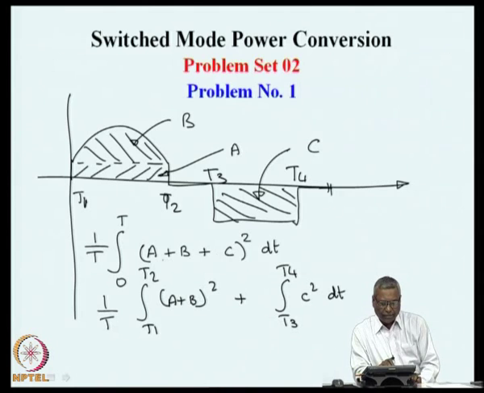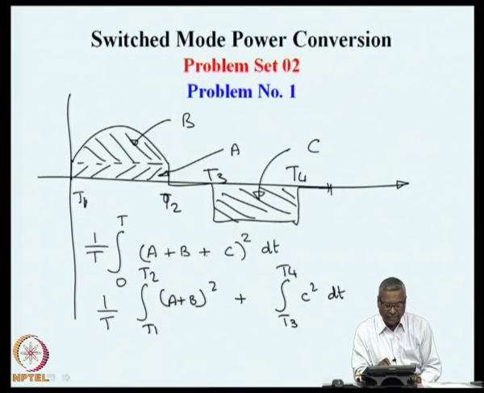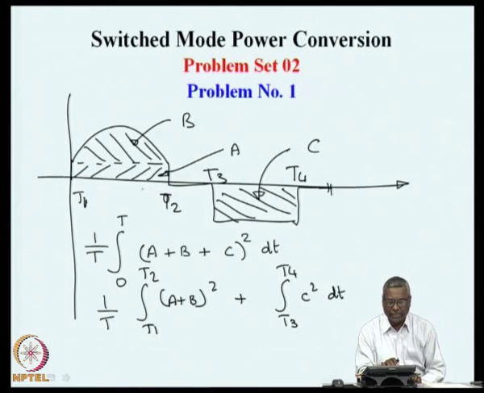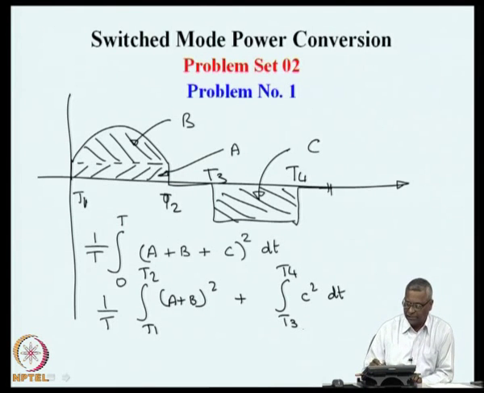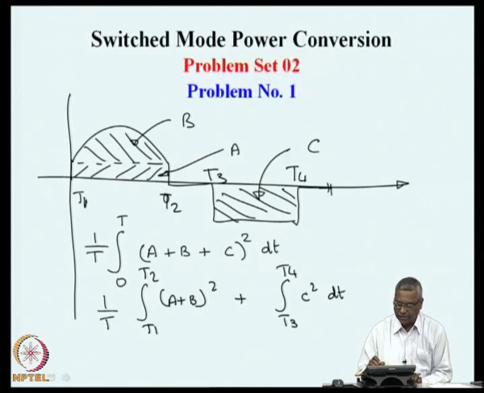The other products like A multiplied by C, B multiplied by C, etc. will be 0 because A, B and C do not simultaneously exist. So, these are the two sections.